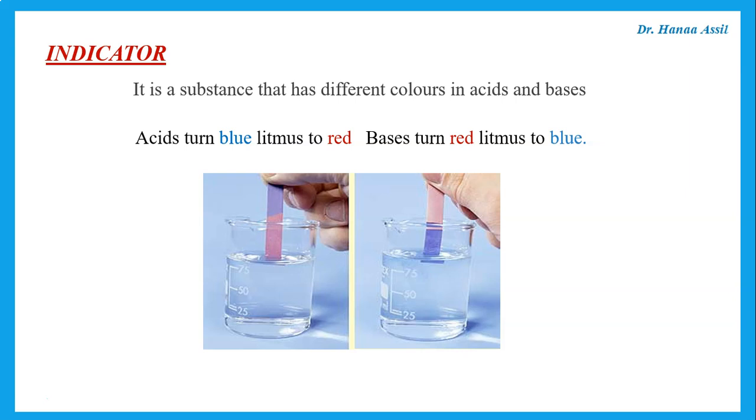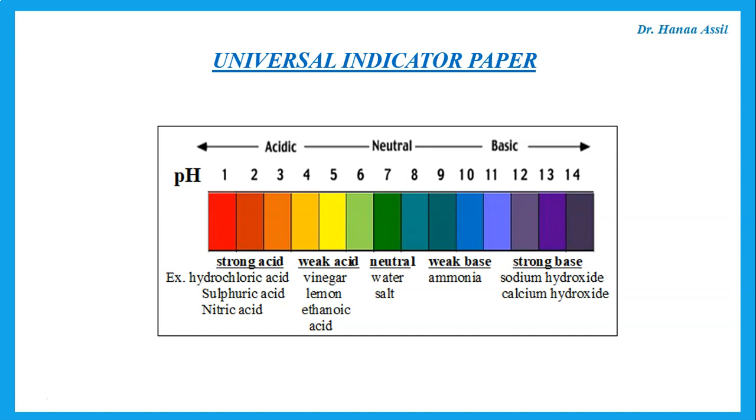If the litmus turns red, it's acid. If the litmus turns blue, it is a base. But if we want to know what exactly is the pH, we insert universal indicator paper and compare the color to the chart. So whatever color comes out, we compare it to this chart, and we can determine the pH of the solution.